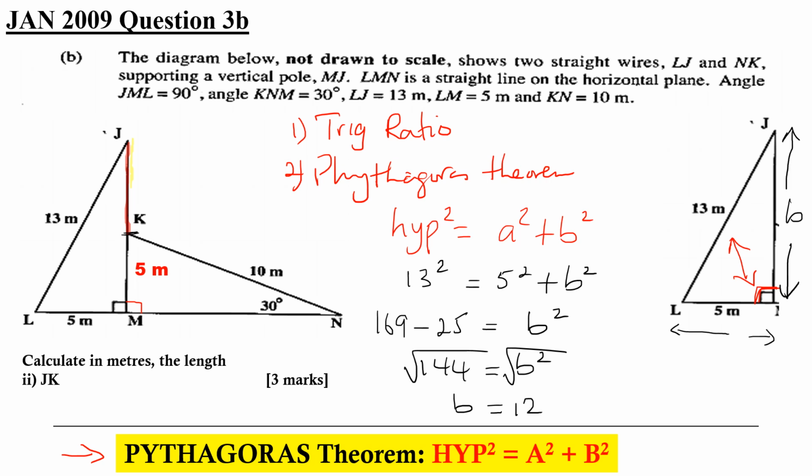So from here, JM is 12 meters. But remember, we found KM. So down here, we're going to say JK will be equal to 12 meters minus the 5 meters, which is 7 meters. And that is the answer, 7 meters.